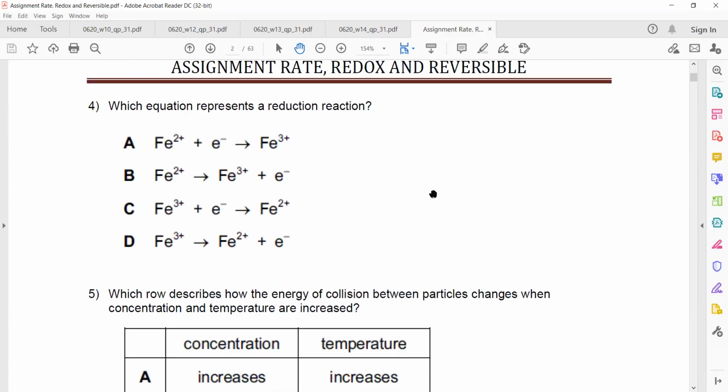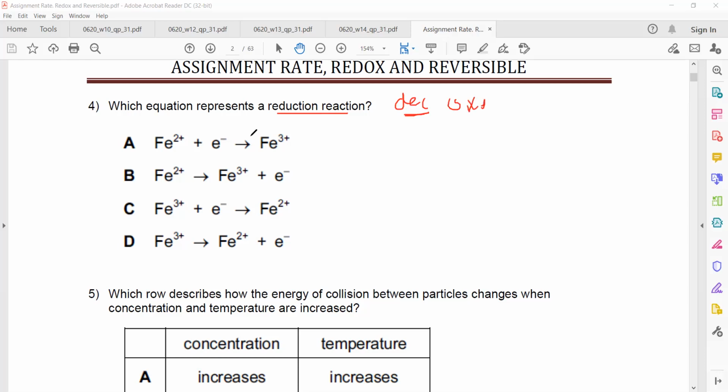Question 4. Which equation represents reduction? The gain of electron. First thing, the charge should decrease, and the second thing, the equation should be correct to gain electron. So which one is the right answer here? Look, reduction means decrease in the oxidation number.